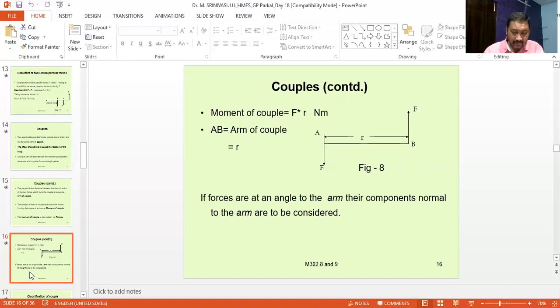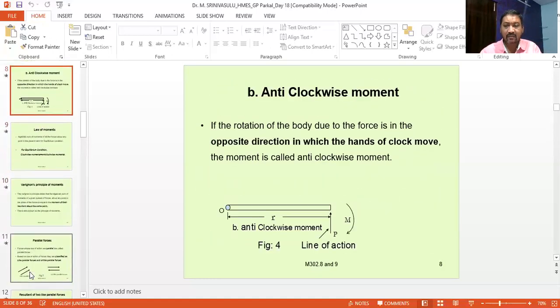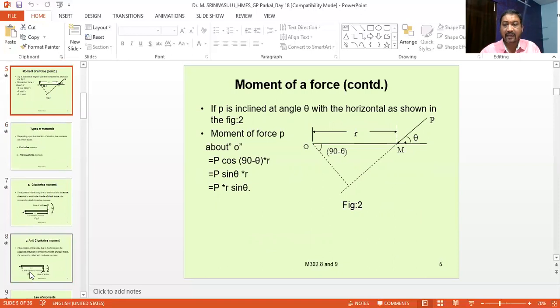For example, a force P is acting and makes an angle theta with the axis of the body.